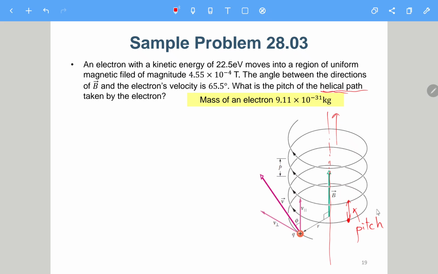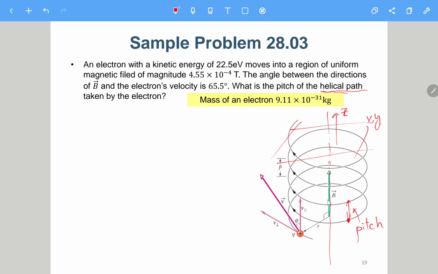But in the plane I mentioned, for example, if this is the Z axis, then the plane is the XY plane. In the XY plane, it will be circular motion because this V perpendicular and B are perpendicular to each other.